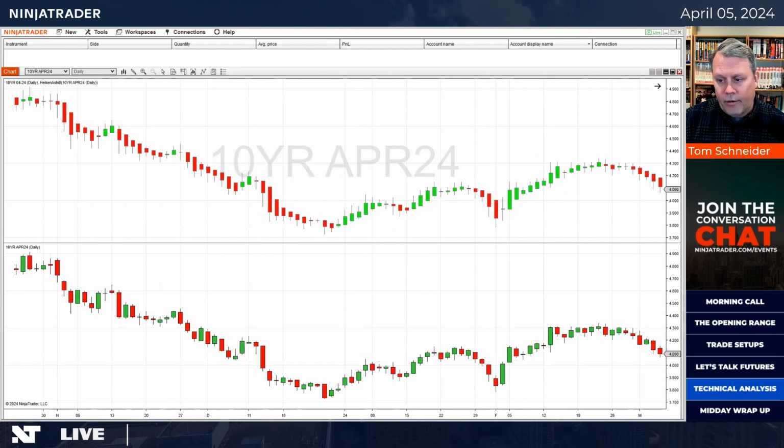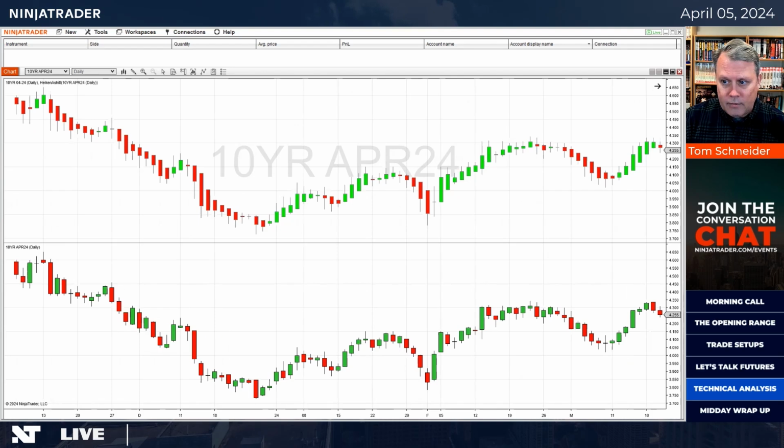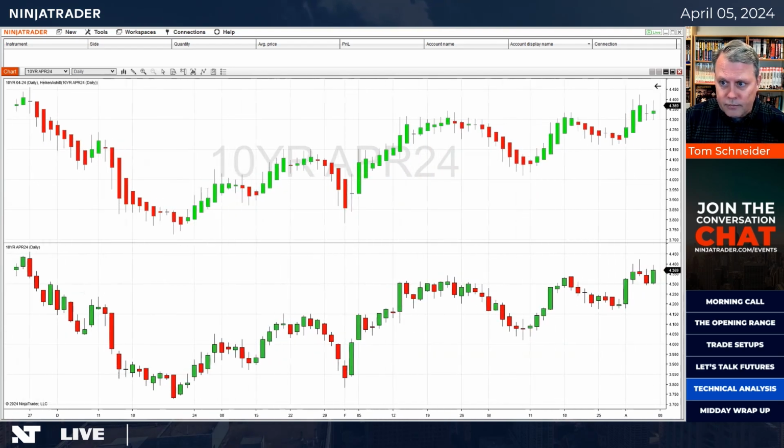I want to just reiterate though with Heikin-Ashi charts, the prices you see here are not the traded prices. And excuse me, you can see that on the chart, the way that I get reminded about it is the fact that this value right here is pointing to the most recent price, the most recent price for the 10-year.